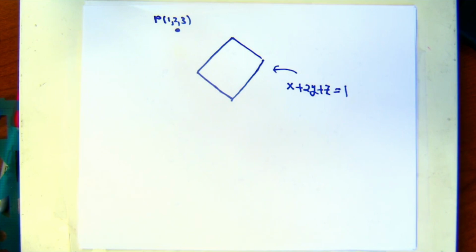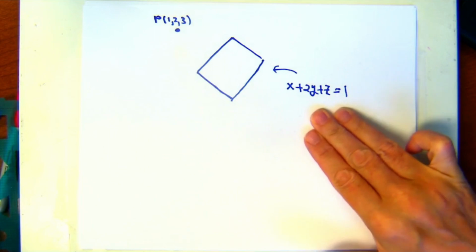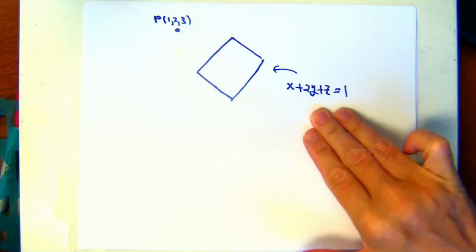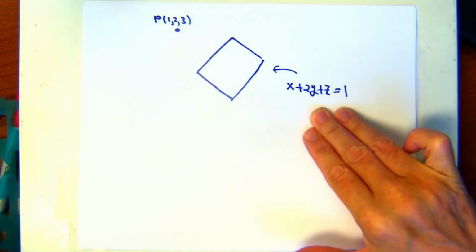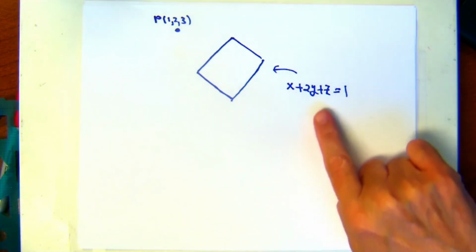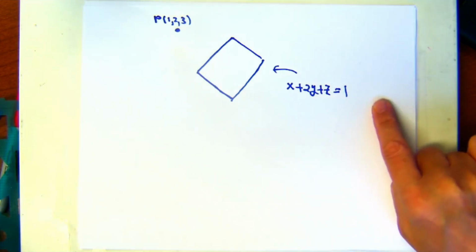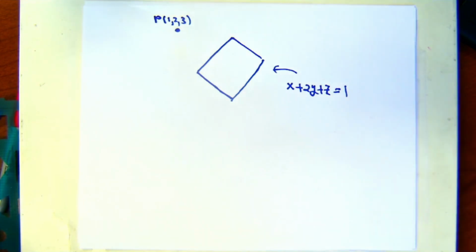In view of what we've just said, firstly, I need a point, call it Q, that lies within the plane. I need a triple of numbers, x, y, and z, that obey this equation, and I don't care what they are as long as they obey this equation. So I'm going to be as lazy as I can humanly be. I'll make y and z both 0, and I'll make the x 1, and that'll do it for me.